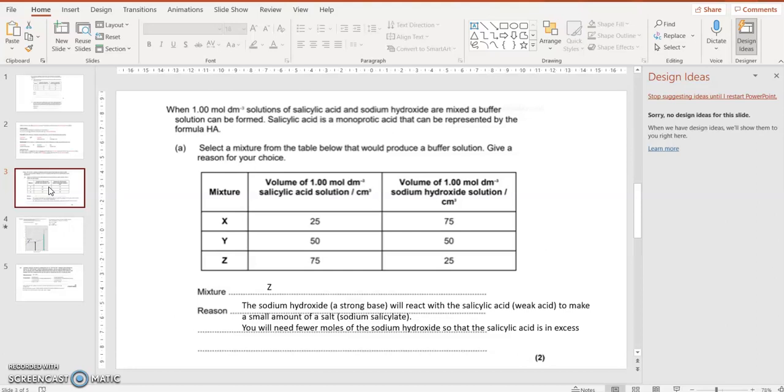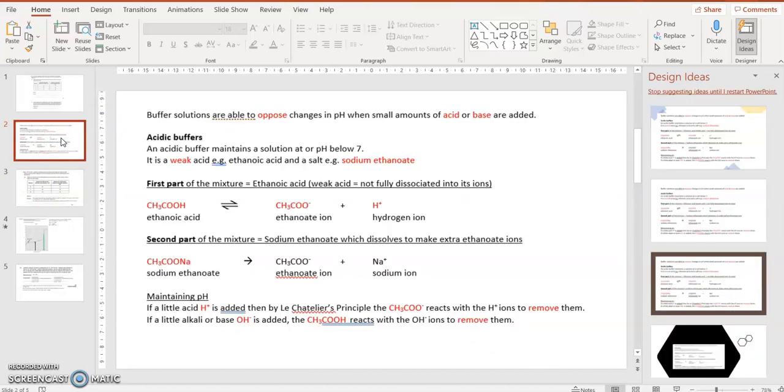And you're going to need a fewer amount of moles of the sodium hydroxide so that the salicylic acid is still in excess. You still want the acid in excess.